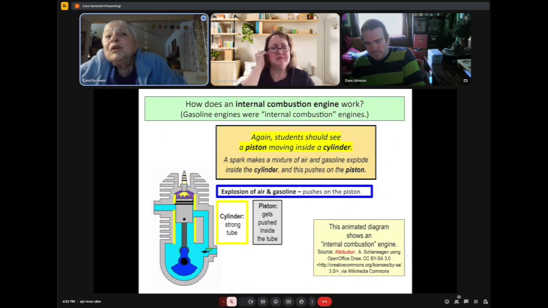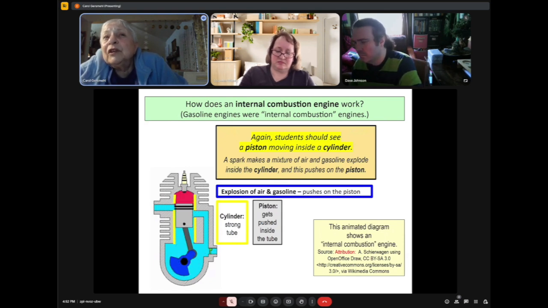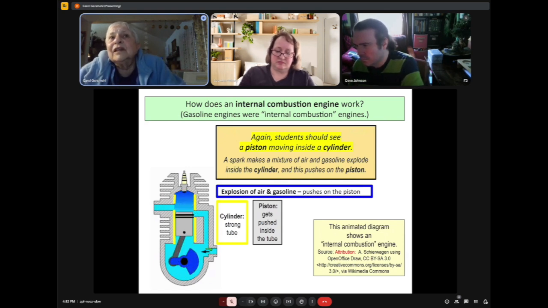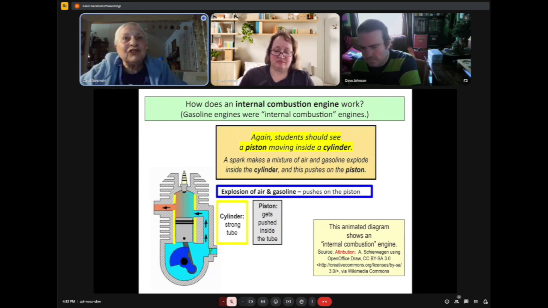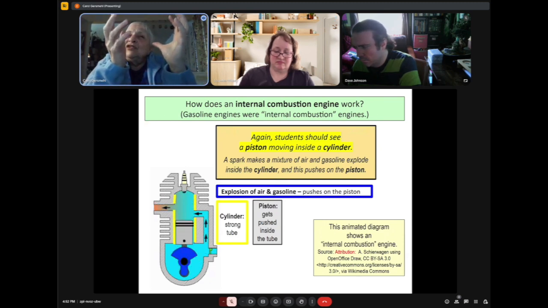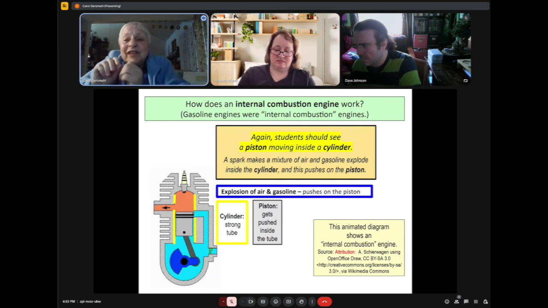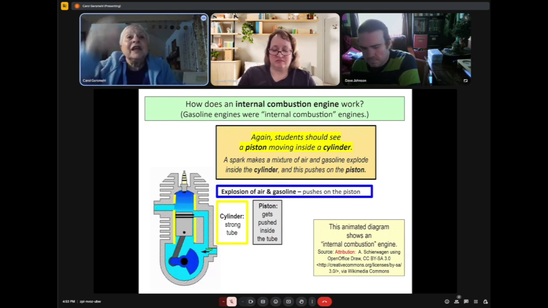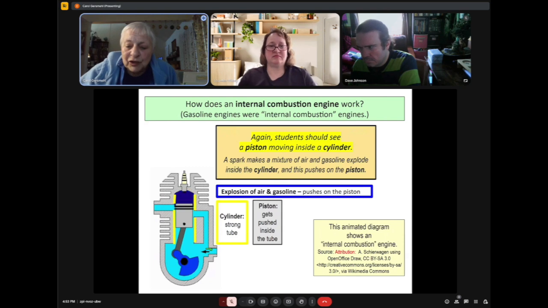Do you see the piston going up and down? And what's making the piston go down in this case? Can you see that spark that happens at the top? This is called internal combustion. This engine has a mixture of air and droplets of gasoline, and then a spark happens and a mini explosion happens that pushes down on the piston and makes things turn.